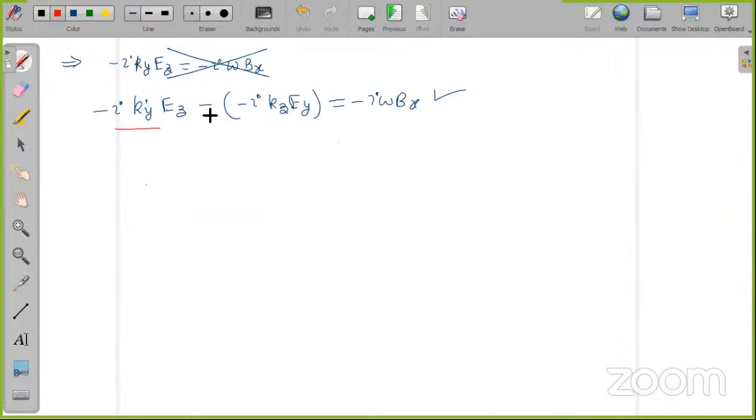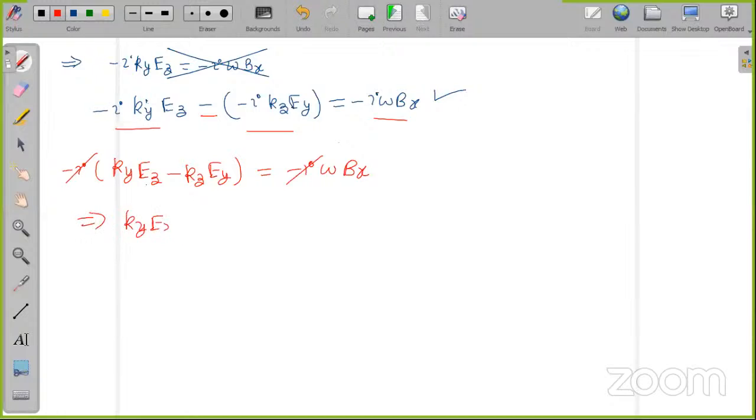So this minus iota will be outside: minus iota times (ky ez minus kz ey) will be equal to minus iota omega bx. So this will cancel with this. Therefore, I will get ky ez minus kz ey is equal to omega bx.